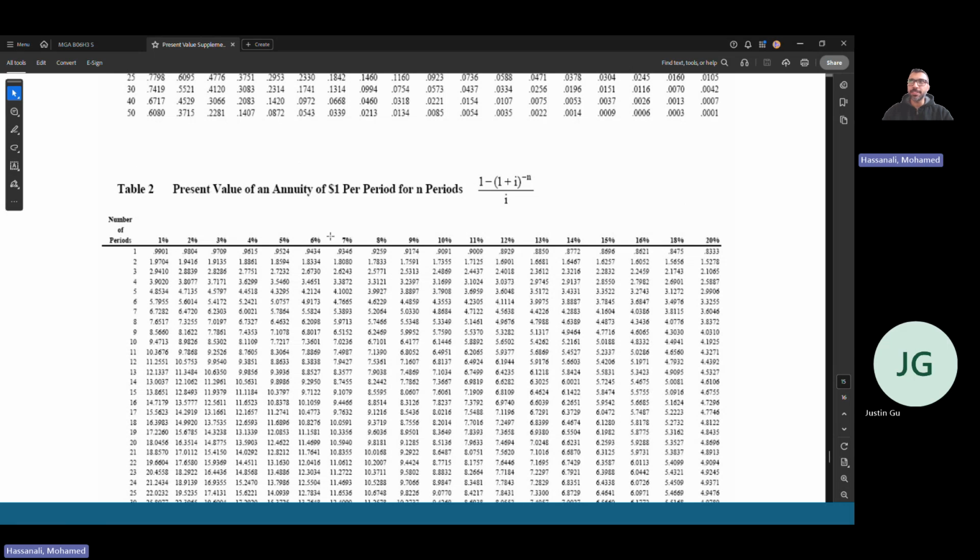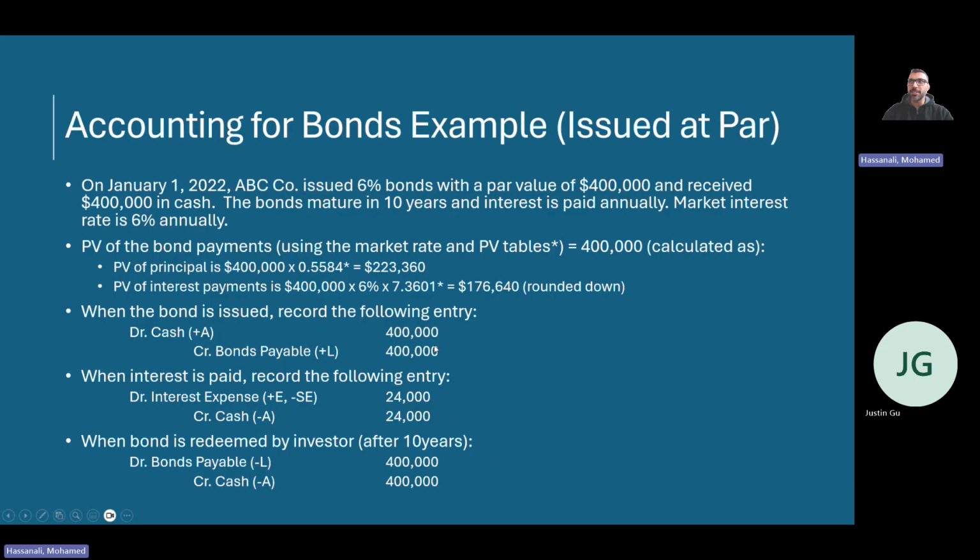And we're saying 6% market rate, 10 periods. We go across 1, 2, 3, 4, 5, 6, and it should be 7.3601. Okay, so we go back to our slides and we've got 7.3601.